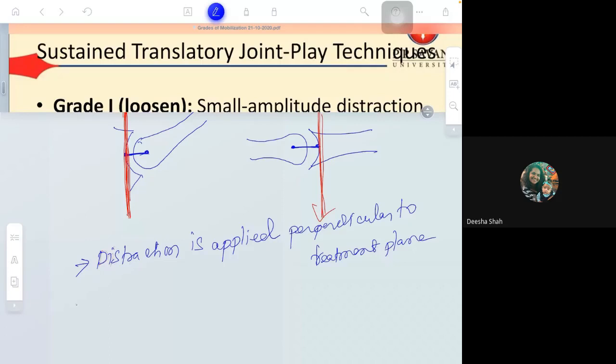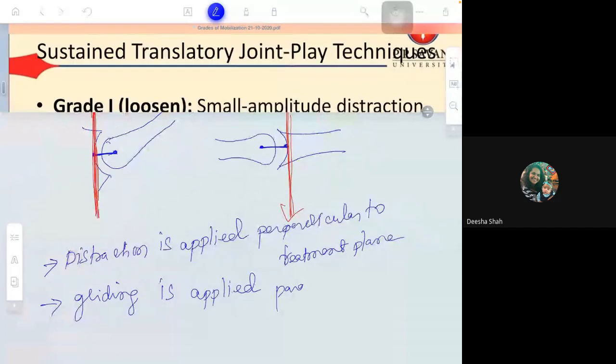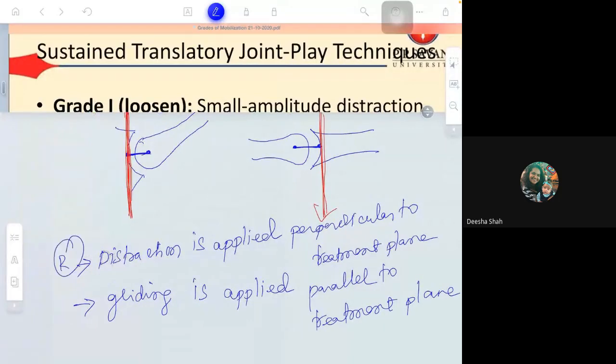And what is gliding? Gliding is applied parallel to the treatment plane. This is rule number 1, and this is rule number 2. Always distraction should be applied perpendicular to the treatment plane.